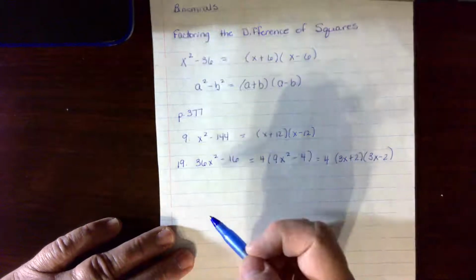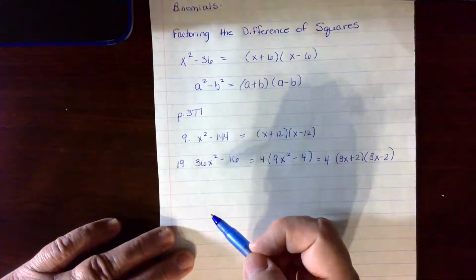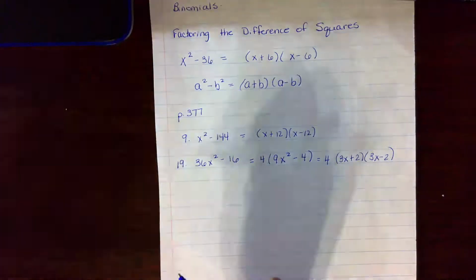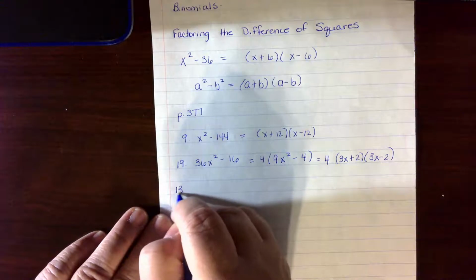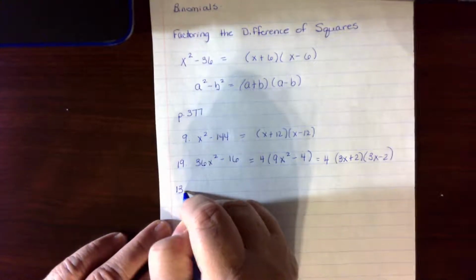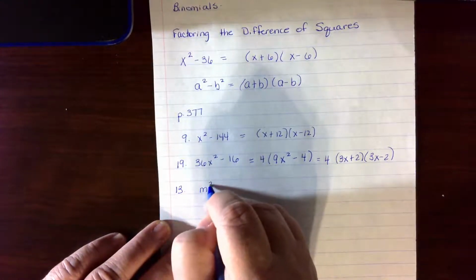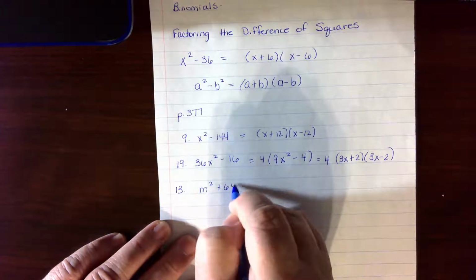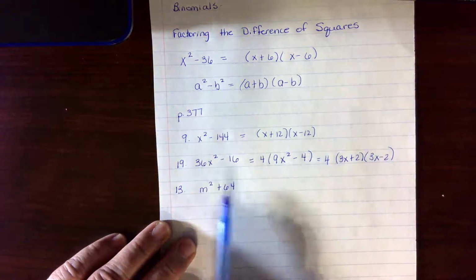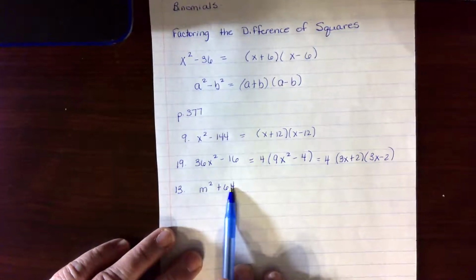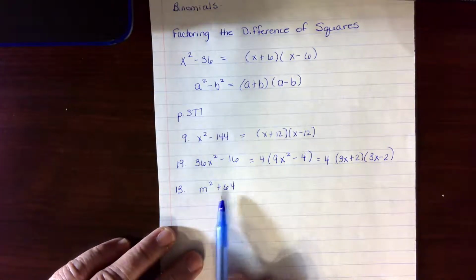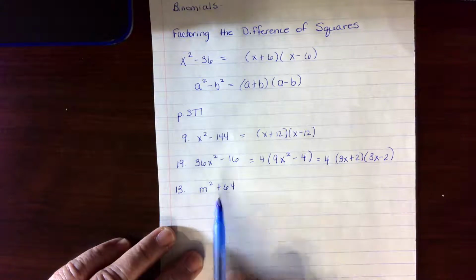Now let's look at problem number 13. Even though this is a binomial and they are perfect squares, this is 8 squared, this is not a difference.